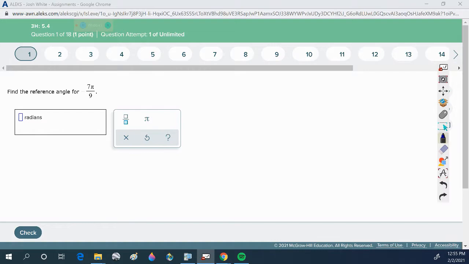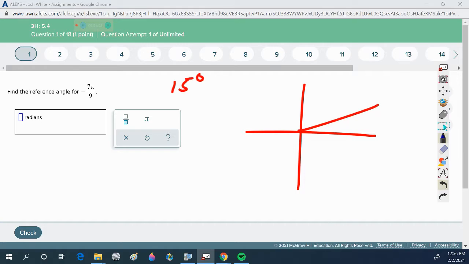In every quadrant, the reference angle is the rotation needed to get from what's called the terminal angle, wherever your line stops, to the x-axis. Let's do this in degrees first. If I had a 15-degree angle, that's going to land in quadrant 1.